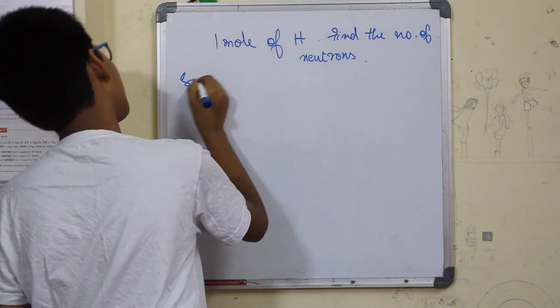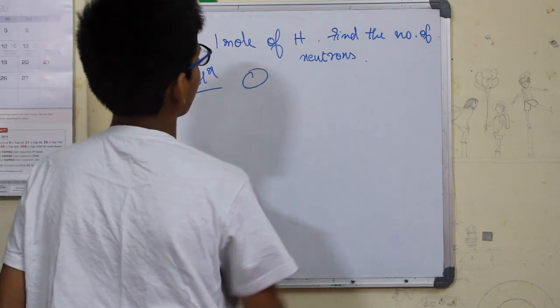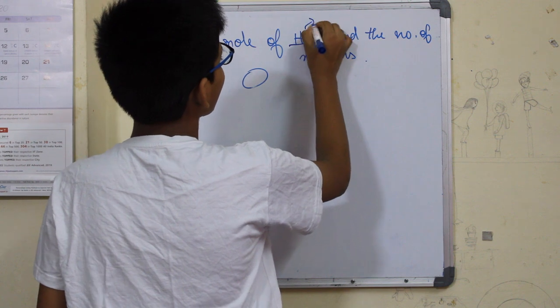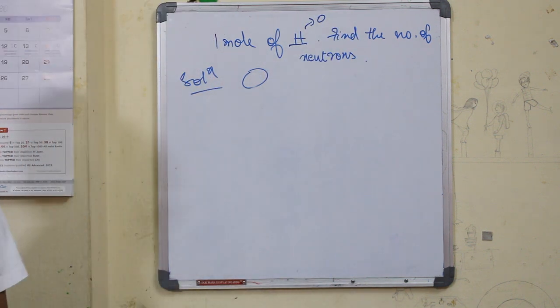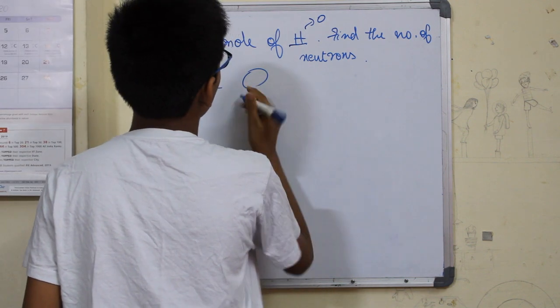Very simple. As you see the question, you have to say the answer is 0. Why 0? Because hydrogen has 0 neutrons. If one hydrogen atom has 0 neutrons, how many will 1 mole of hydrogen have? 0 neutrons. Very simple.